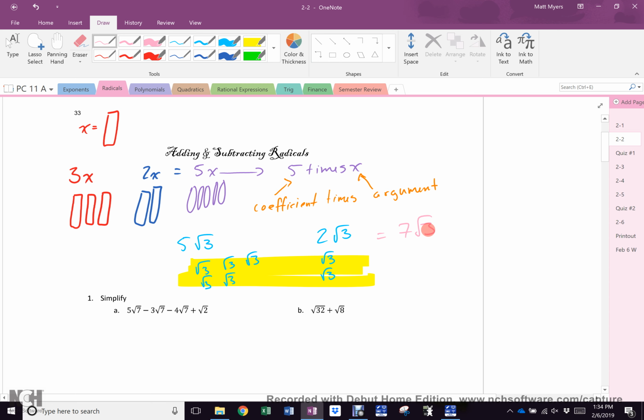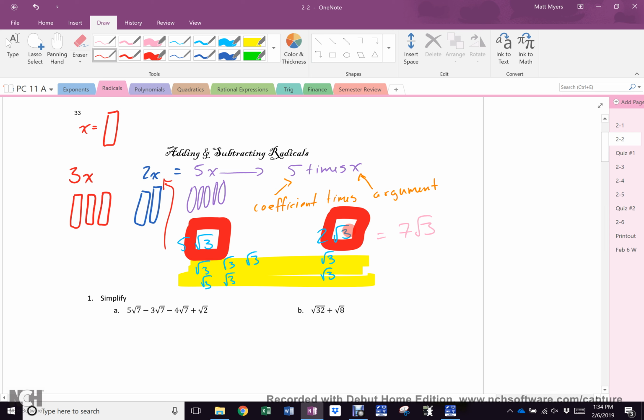That's all we're doing. If the radicals are the same, then it behaves just like this situation. And that's it. Doesn't matter that it looks different because it's still coefficient times an argument.